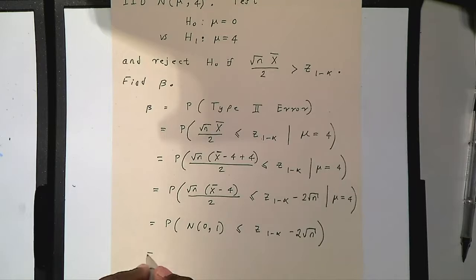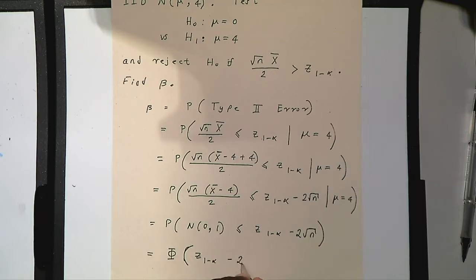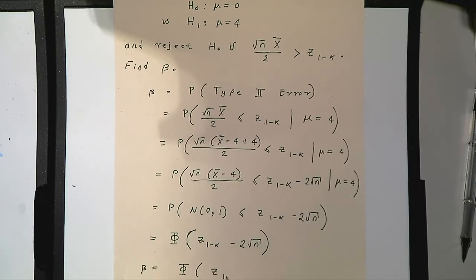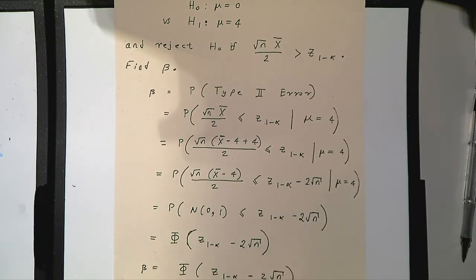So this is phi at z. So we have shown that beta is equal to phi.